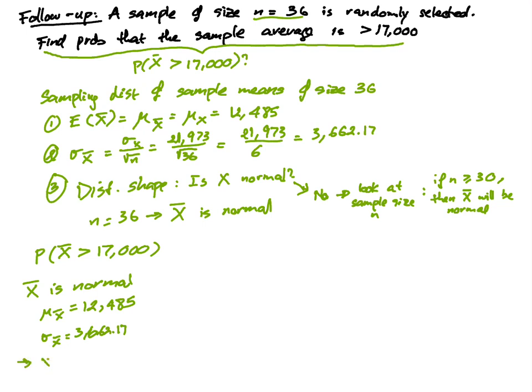That means that x bar is not standard normal. Okay, so if x bar is not standard normal, you want to go ahead and standardize it, right? So we standardize by subtracting the mean divided by the standard deviation. We do that for x bar, and then we also do it for 17,000.